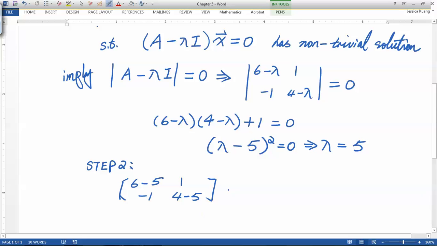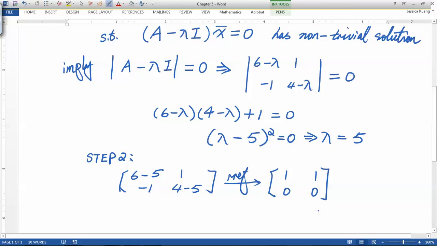And then apply RREF. So I need to solve the corresponding equations. And that will give me 1, 1, 0, 0.